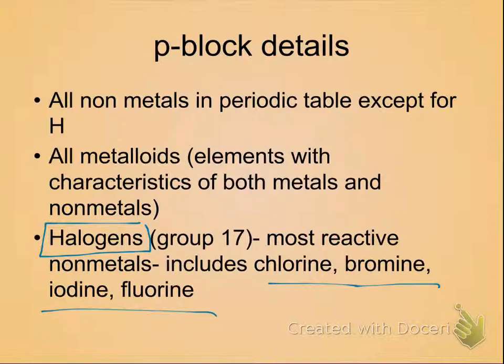I'll call it the bank robber metaphor. They only need 1 electron and they'll do anything to get it. It's dramatic. They are 1 electron shy of a full S and P. So they are super reactive because they've just got 1 they have to get rid of. They get rid of that really easily.